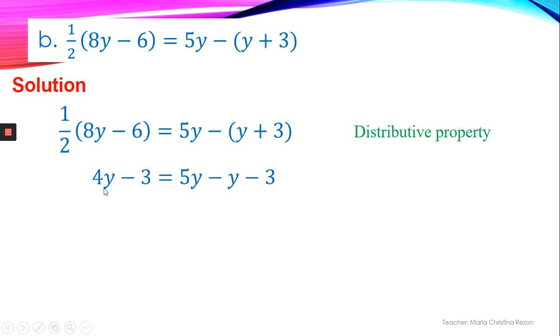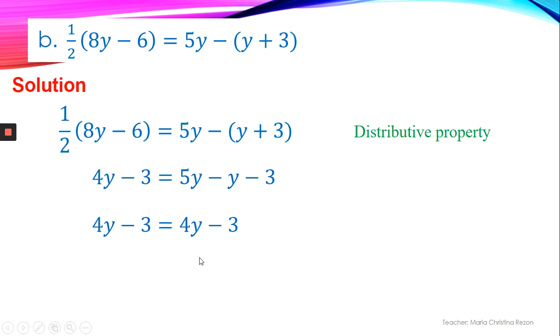So simplify this further. You will have 5y minus y, that will be 4y. So you will have 4y minus 3 is equal to 4y minus 3. Now, from this equation itself, you will be able to see that whatever the value of your y is will make the equation true.